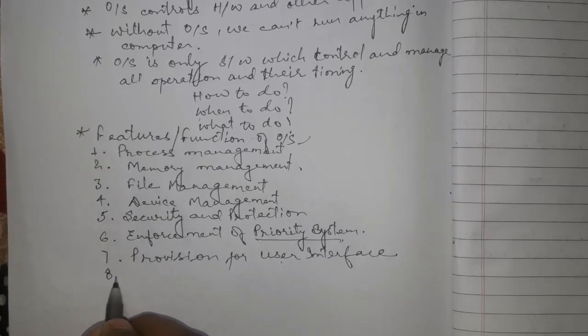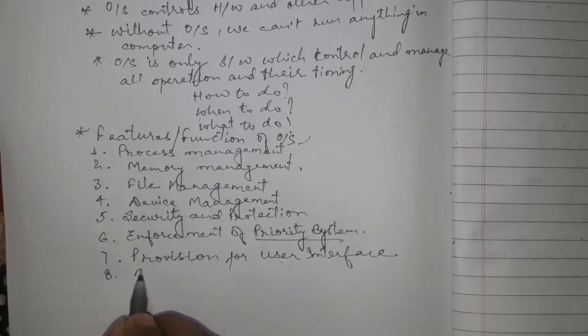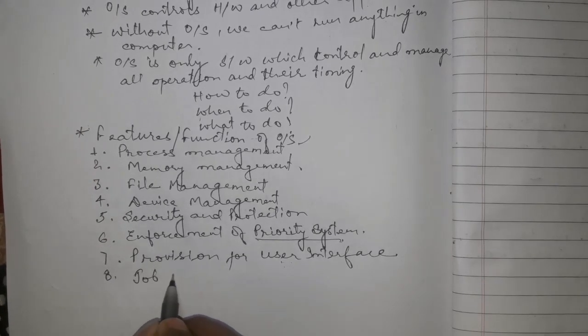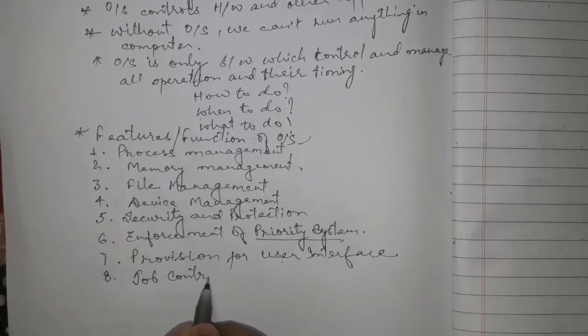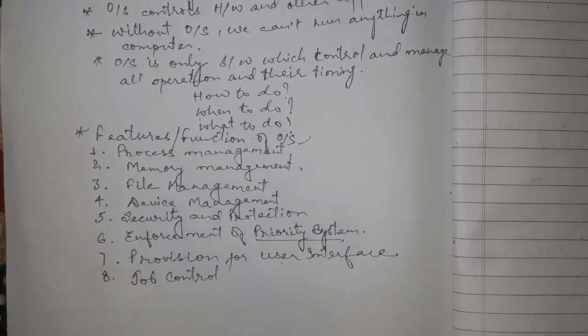And the eighth one, and this is the last one, is job control. Job control means the computer decides which job should be controlled, and by which language, by which software it should be controlled. Means to say a PDF file cannot be opened in just PowerPoint.